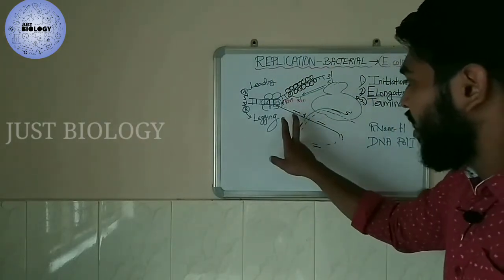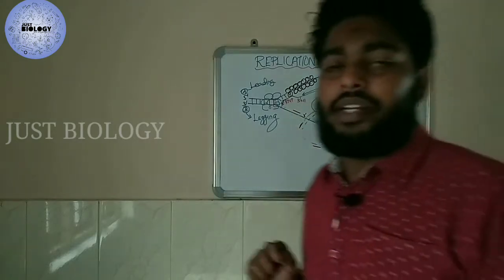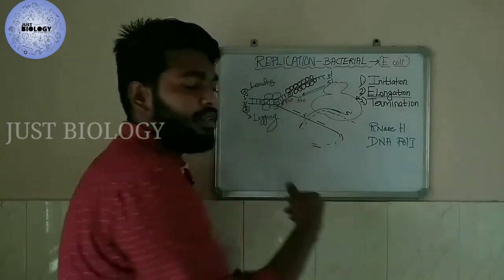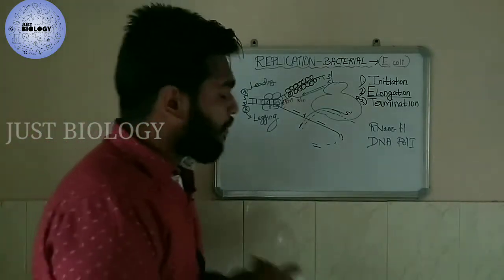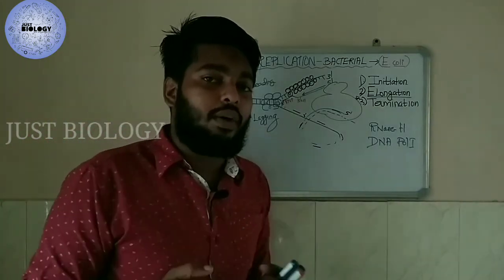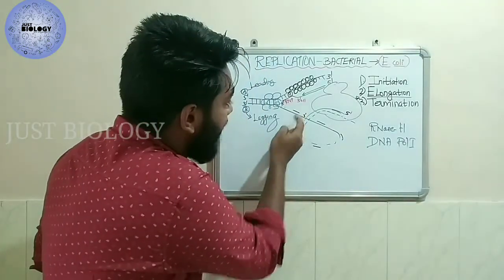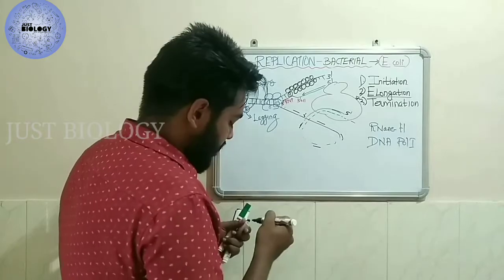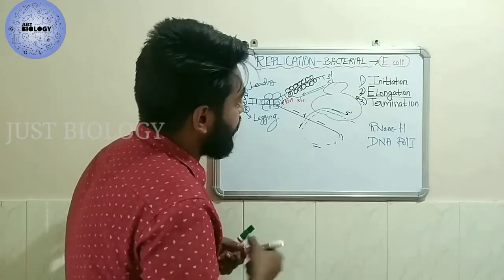Then if you see this primer region, of course DNA polymerase will fill the gap, but they cannot form the bond between this gap. So here, imagine they are synthesizing nucleotides.